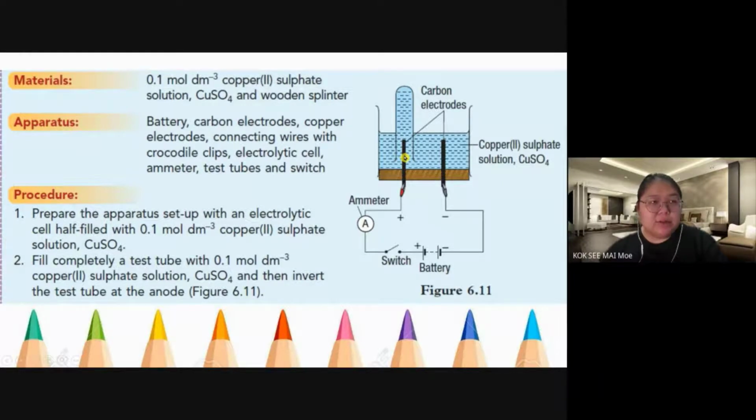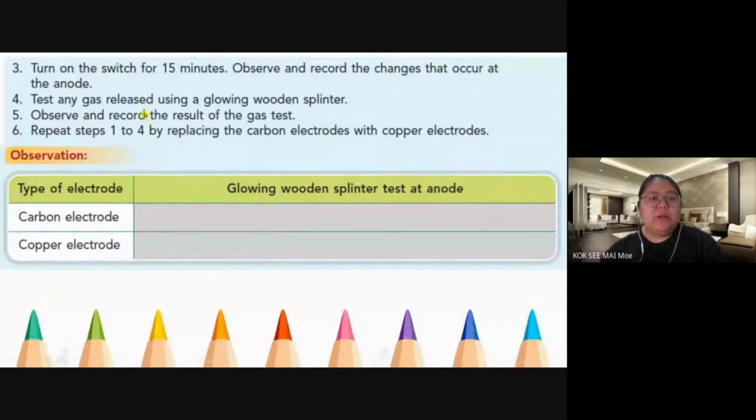Starting, they are using carbon electrodes. So from here we see the procedure. You prepare the set like this. After that they use copper(II) sulfate. Fill the test tube completely with copper(II) sulfate, and then invert it. Then we continue. Turn on the switch for 15 minutes.